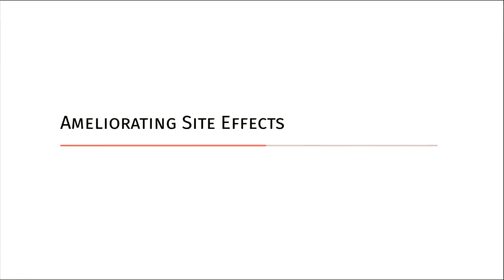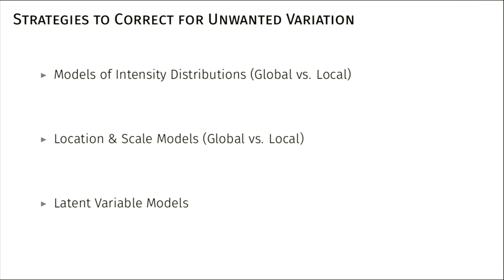So moving on to methods to address site effects, almost all the techniques out there fall into three categories. One is intensity normalization type methods. The second kind are location and scale models. They try to center and scale your data in such a way that you're eliminating site effects.